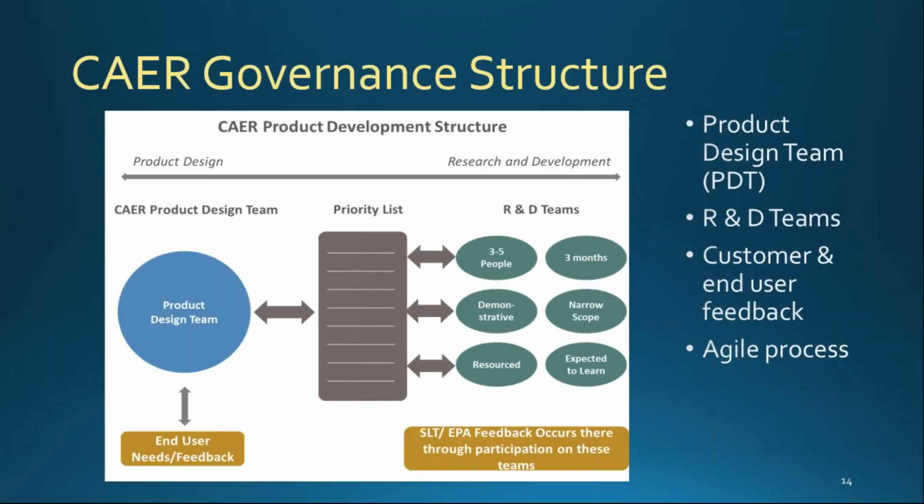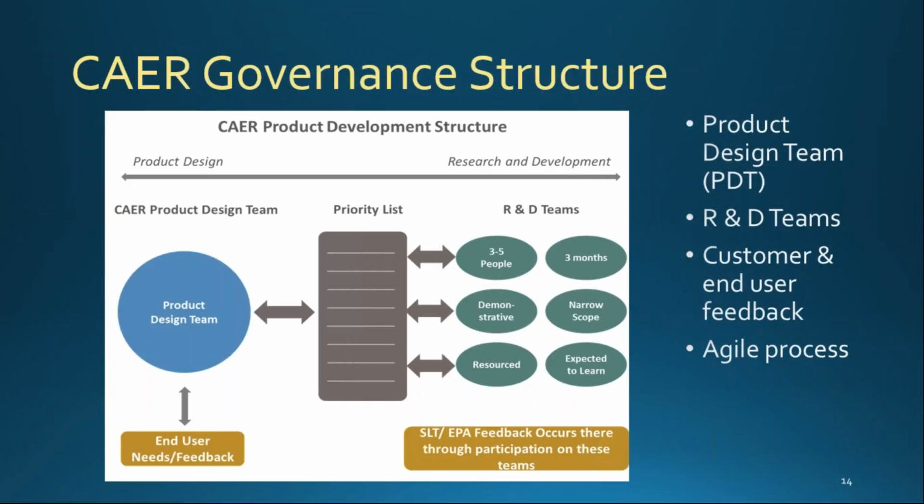And so we've focused on what's called here the product design team on your left-hand side. I'll go with a little bit more description of each of these in a few moments. But these are the people that are going to be responsible for the oversight and the coordination.